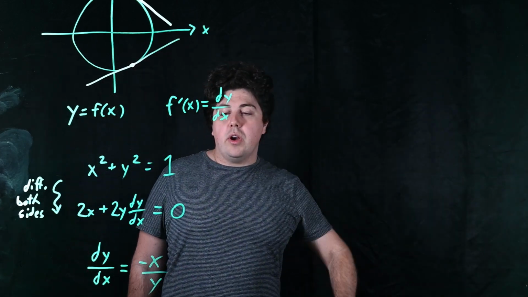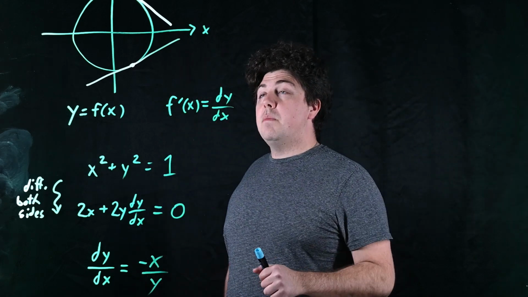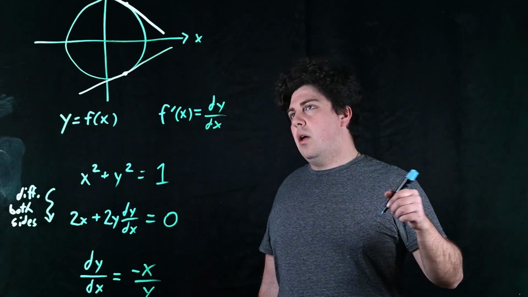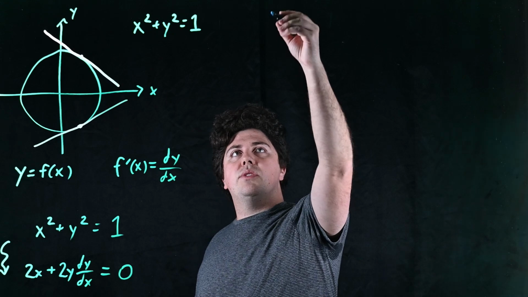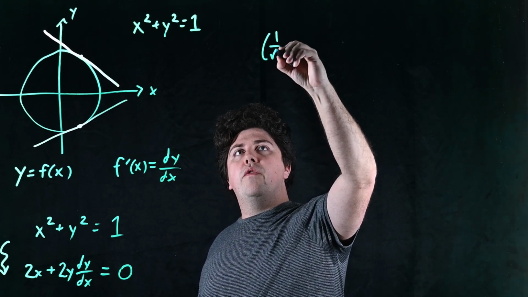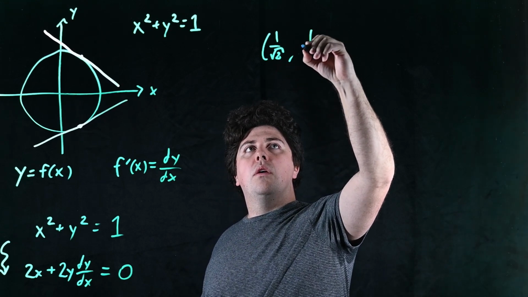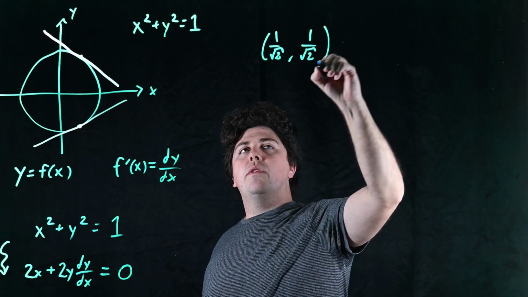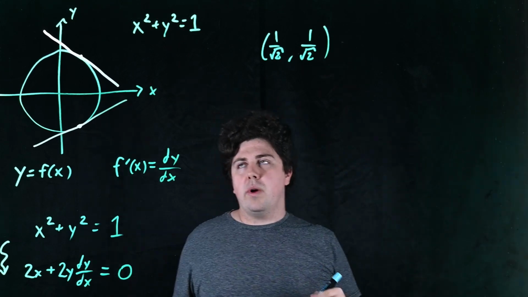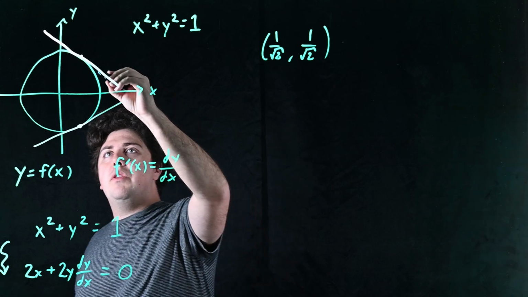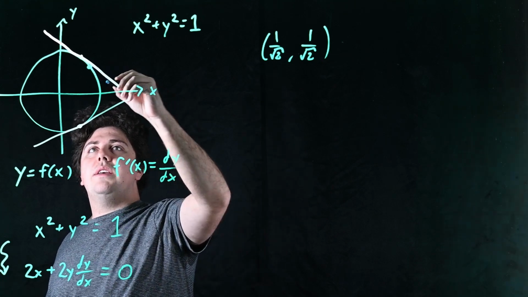Alright, let's try this out. So what's a point on the circle? Well, one point on the circle is, say, 1 over root 2, 1 over root 2. That's definitely a point that satisfies this equation. And that's just going to be this point right here.